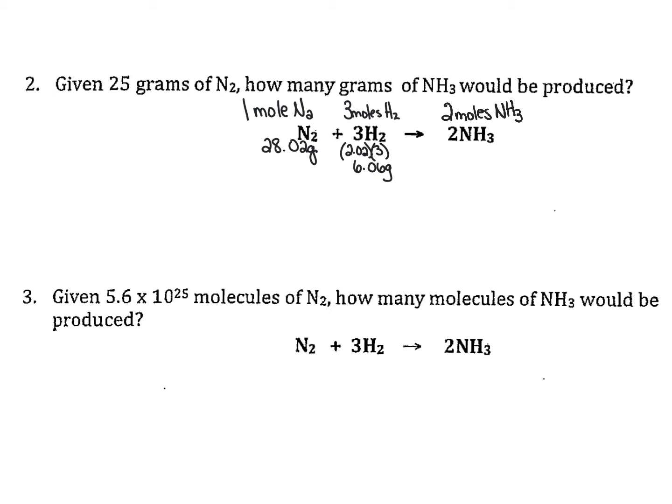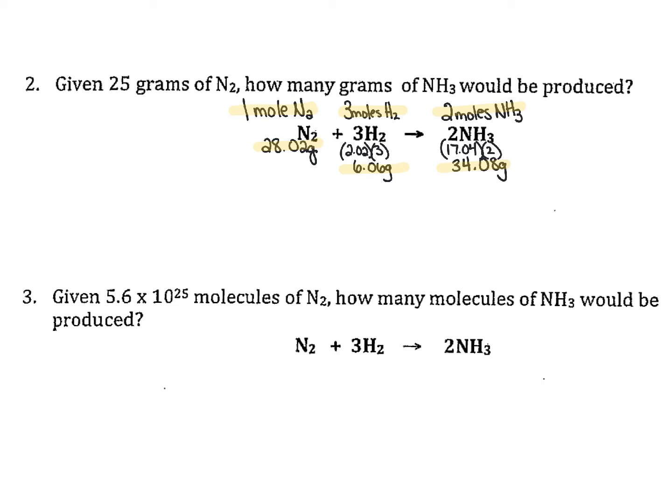And then 2 moles of NH3, well, the molar mass of NH3 is 17.04, so we would multiply by 2 to get 34.08 grams. So this equation tells us 1 mole of nitrogen reacts with 3 moles of hydrogen, or 28.02 grams of nitrogen react with 6.06 grams of hydrogen. And that will produce 2 moles of NH3, or 34.08 grams of NH3.